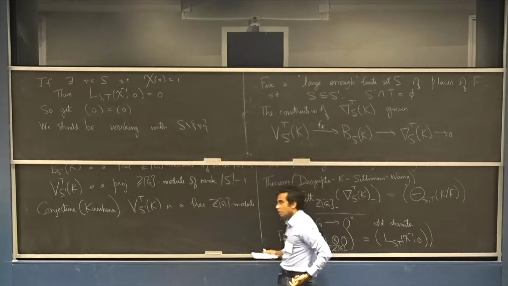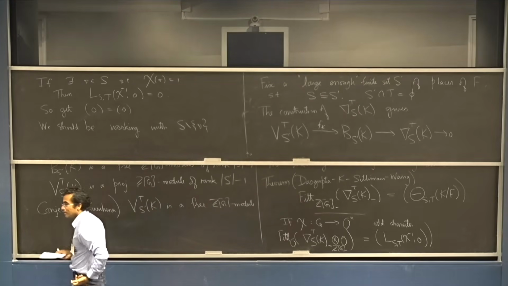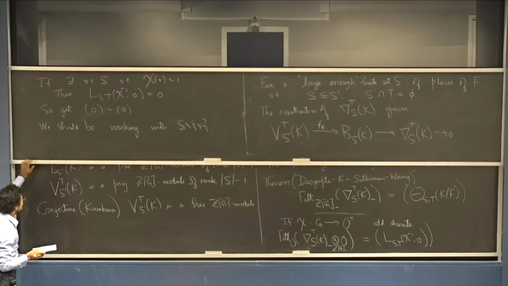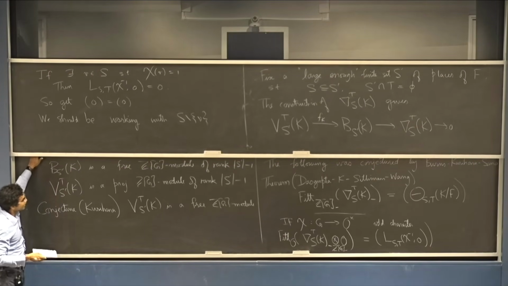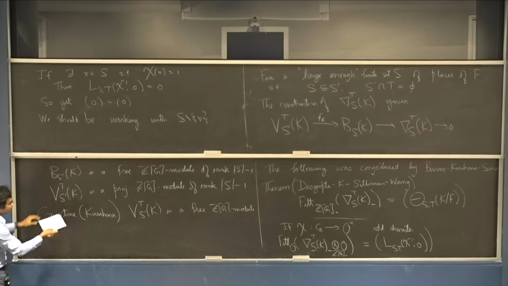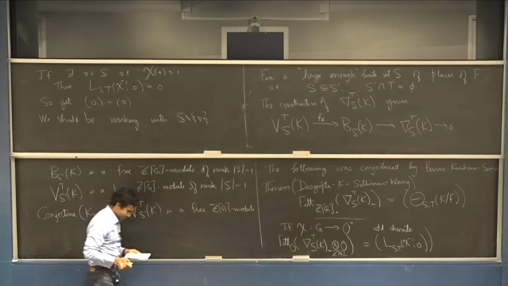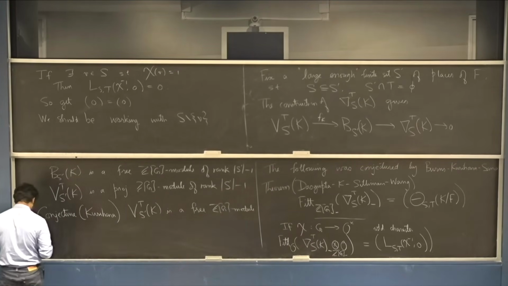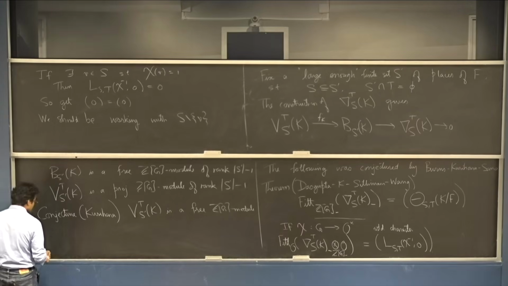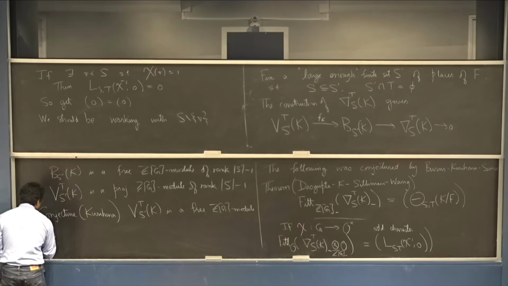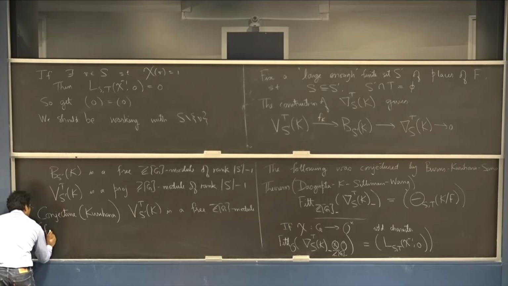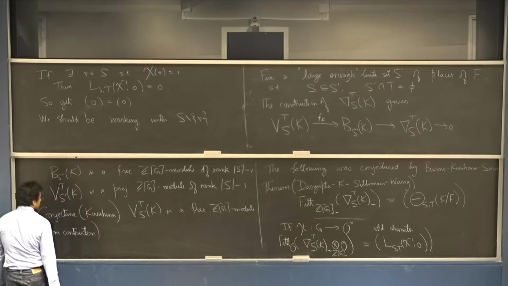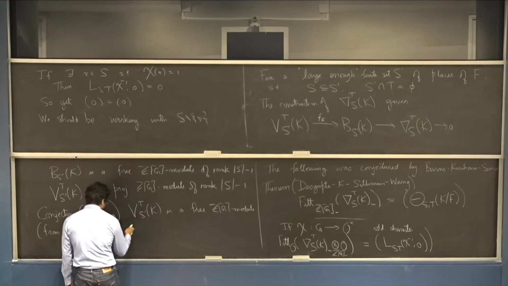Which, the V's or the B? I don't know. Okay, I think what I'm going to say next is probably what you're alluding to. So again, from the construction, these things behave well when you take co-invariance.